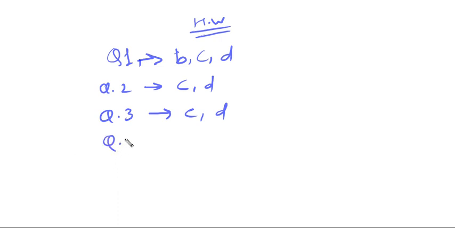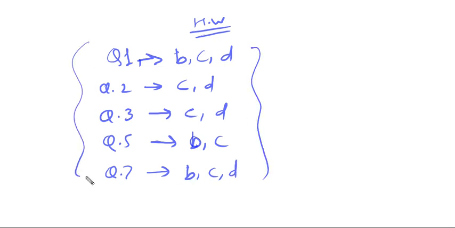Question number 5, part B and C, and I have solved question number 6. Question number 7, part B, C and D. This is your homework. That's all for today. We'll meet tomorrow.